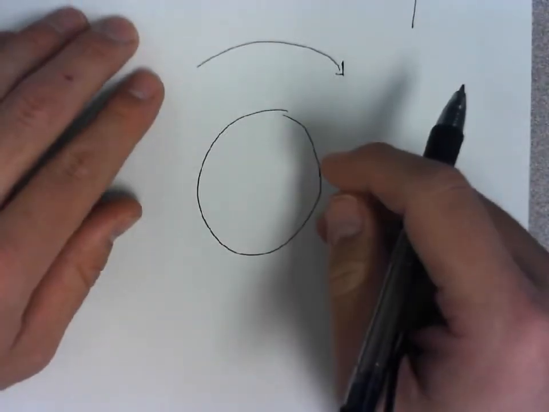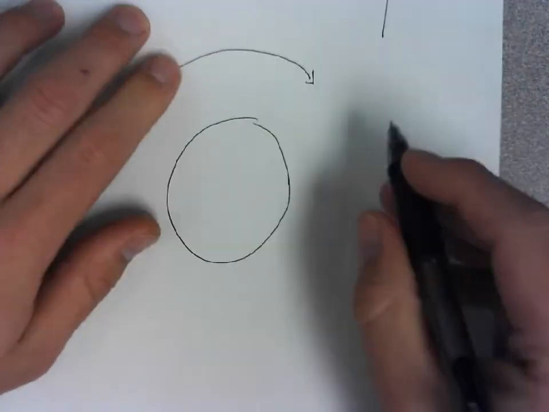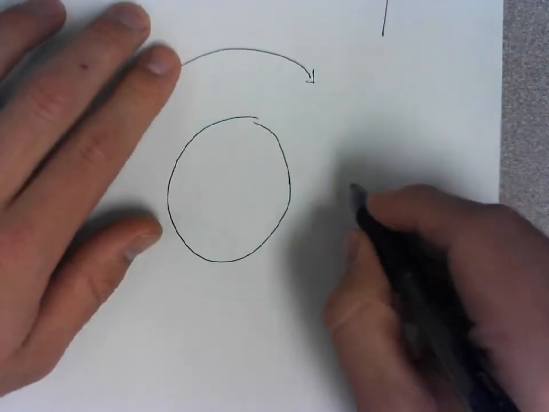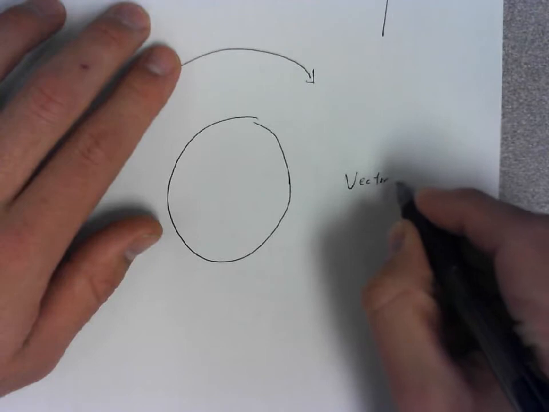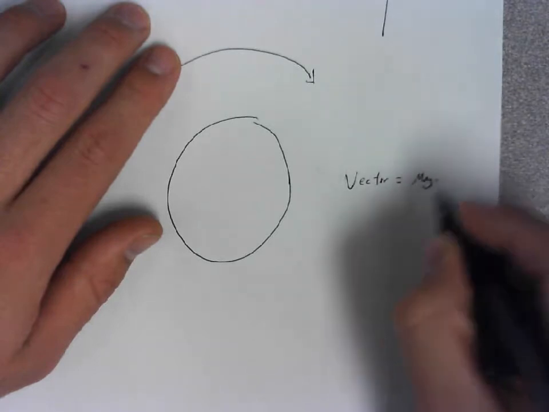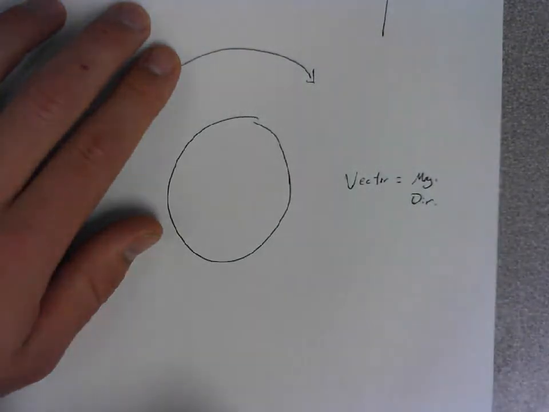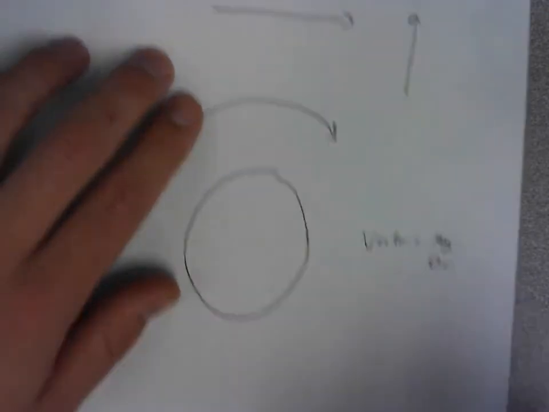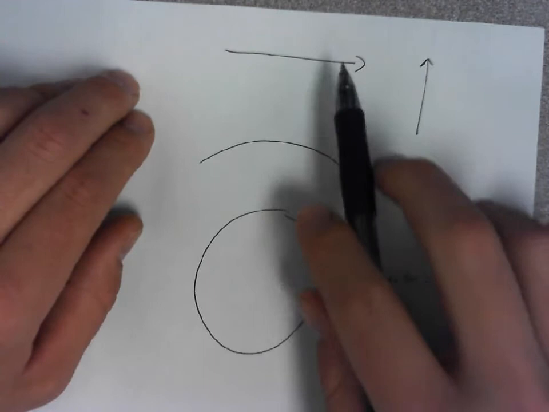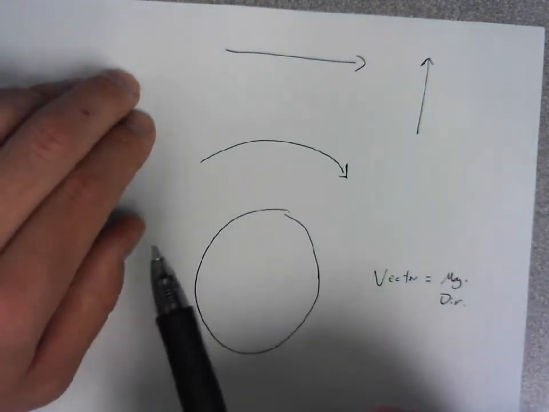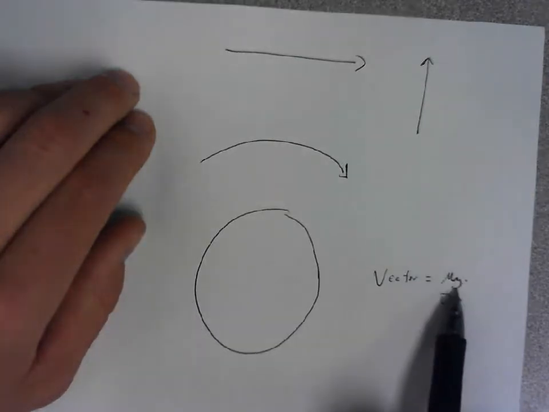The idea is, remember a vector. Vectors are based off of magnitude and direction. When we talked about velocity changing, we were always referring to the velocity changing its magnitude.